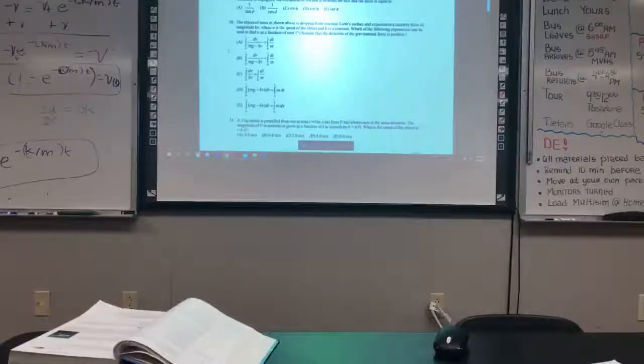So I can just transfer this to the other side. You have dt over m, and we have dv over mg minus kv, and we take the integral of both sides. That's it. That's A. It's like magic. Physics.